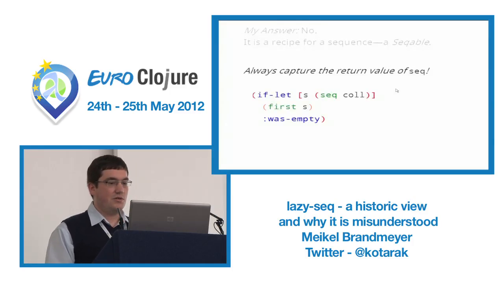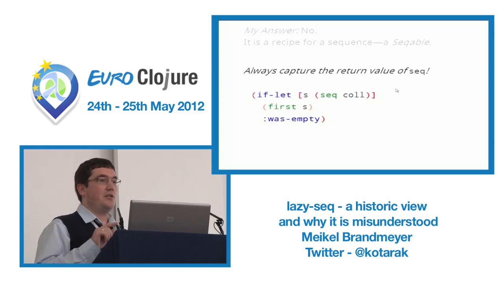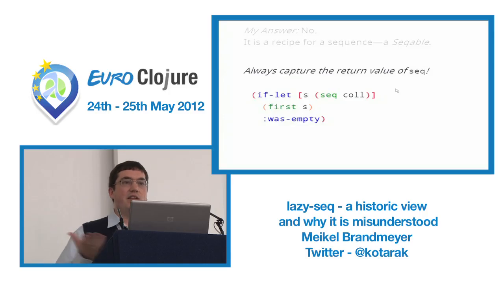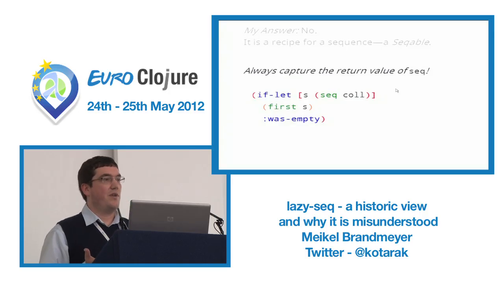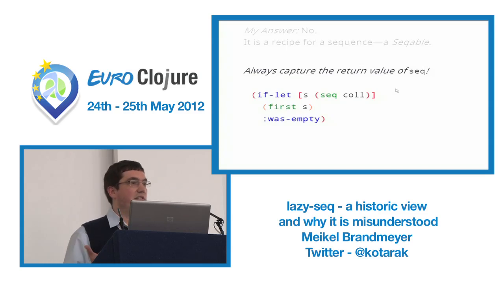And this leads to a simple insight: always capture the return value of seek, because we cannot know just from the lazy-seq whether there is a first element, so we have to call seek on it anyway. And otherwise, if we call first on the lazy sequence and it gives us nil, what does that mean?